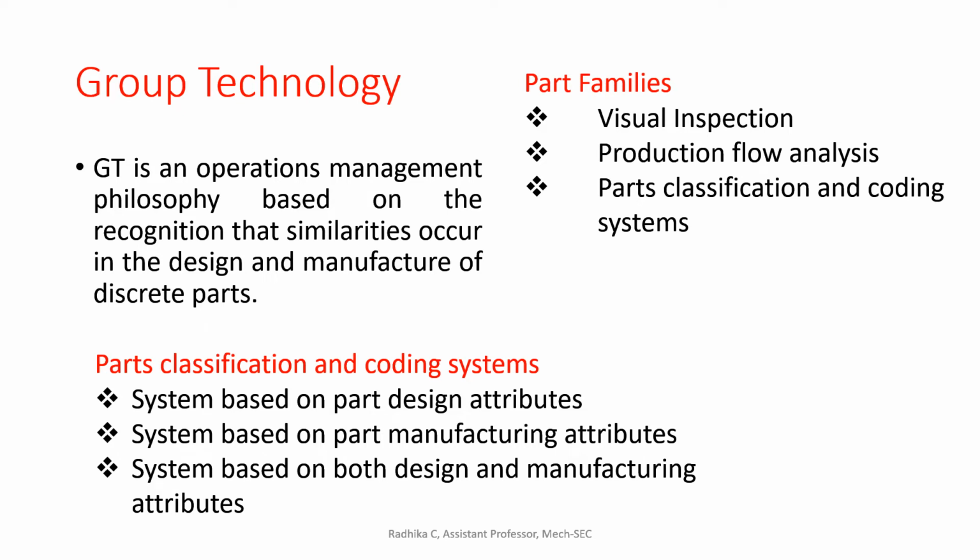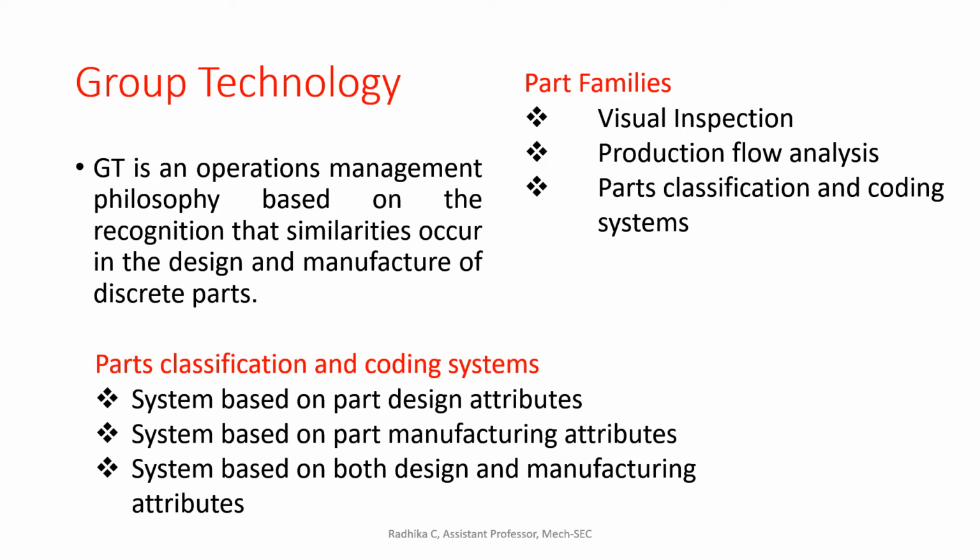Systems in the first category are useful for design retrieval and to promote design standardization. Systems in the second category are used for computer-aided process planning, tool design, and other production-related functions. The third category represents an attempt to combine the functions and advantages of the other two systems into a single classification scheme.